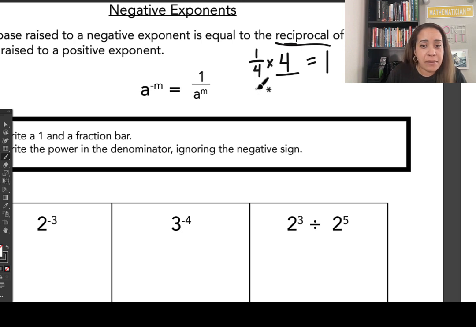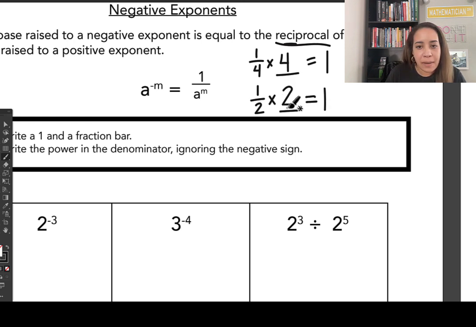Here's another example. Let's say I have the fraction 1/2. To get my reciprocal, I am asking myself, what do I multiply 1/2 by to get 1? I need 2 halves to get 1. So 1/2 times 2 equals 1.